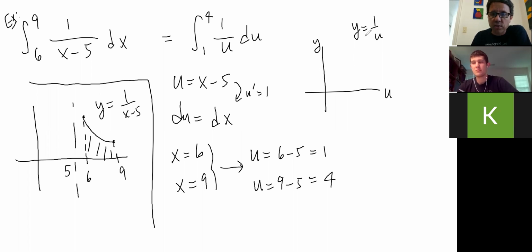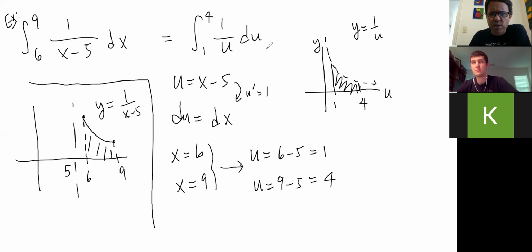So if I replace all this stuff and I draw this function, well, it looks like the reciprocal function. If I put in 1 and 4 on this picture and look at the old area, it's exactly the same. It's exactly the same area because I'm supposed to get the same number.